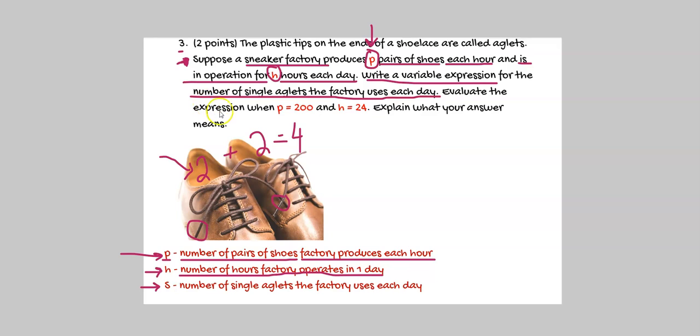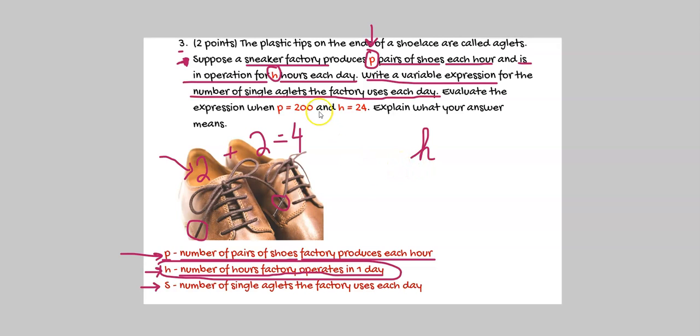Now we have to write the variable expression for the number of single aglets the factory uses each day. The factory operates each day H number of hours, right?